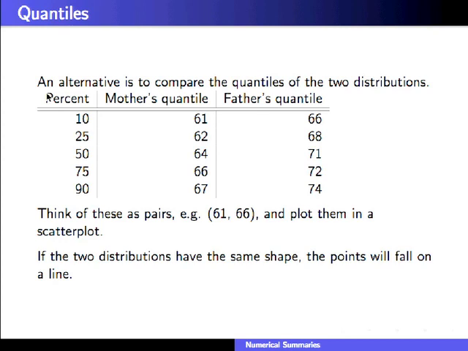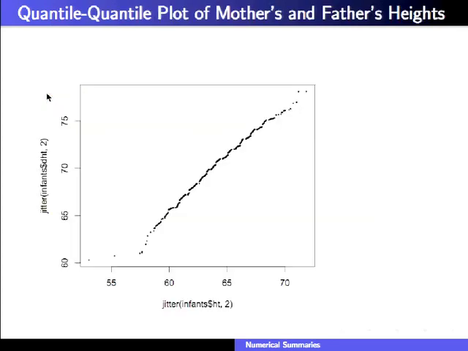And what I do is I make a scatter plot of those pairs. So I'm comparing the two distributions by looking at a scatter plot of the pairs of quantiles. There it is. I've jittered it, because you know why I've jittered it. Now, if these quantiles fall on a straight line, that says that the two distributions have the same shape.